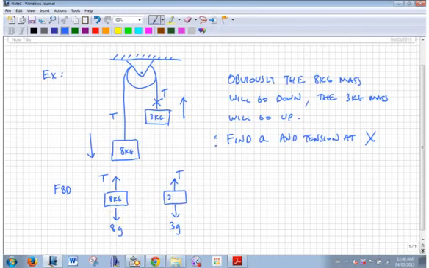So in some textbooks, and I think I was even taught this way, if I can remember that far back, you can get two series of equations here, and then I will have two unknowns. I'm going to have acceleration, because I'm assuming this guy goes down, and I'm going to have this mass times acceleration, okay, which is 8. And then I can get another equation for this guy.